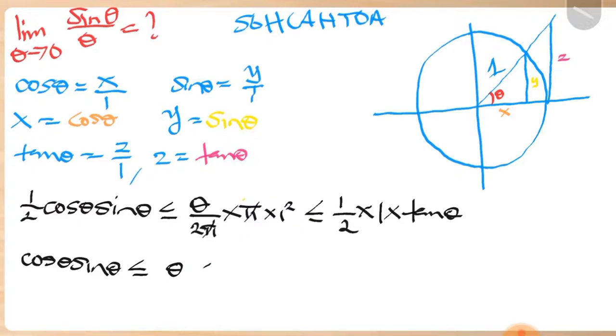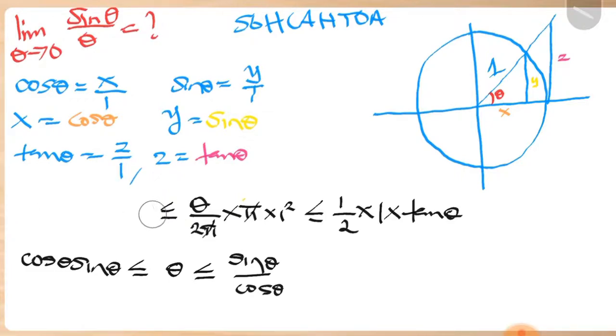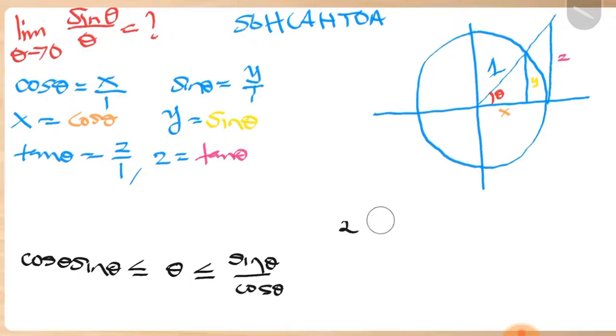So we have theta lesser than or equal to just 1 times tan theta, which is just tan theta. And permit me to write tan theta as sine theta over cos theta, which is its value from trigonometry. And let's clean up some things a bit.